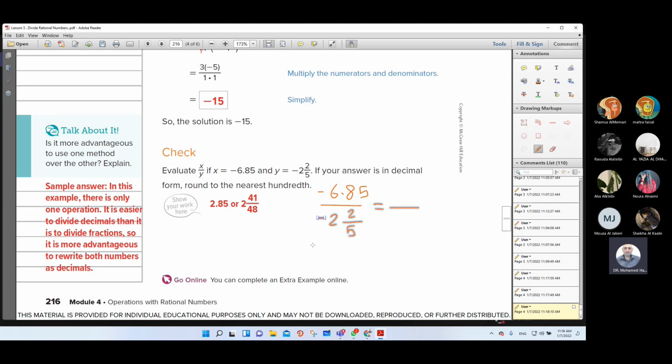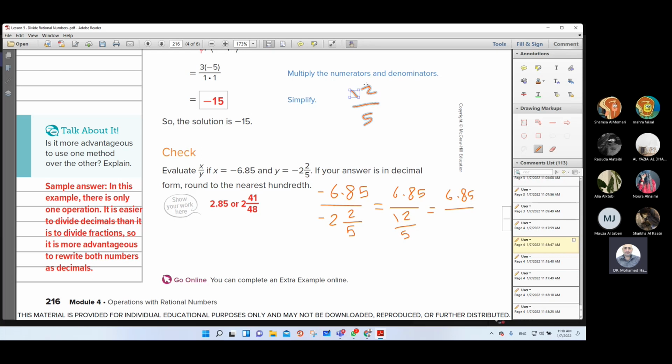Try to change the mixed number to the fraction and keep the same decimal here, 6.85. And here 2 times 5, 10, plus 2, 12 over 5. So here we have the decimal 6.85. And down try to change 12 over 5 to the decimal.